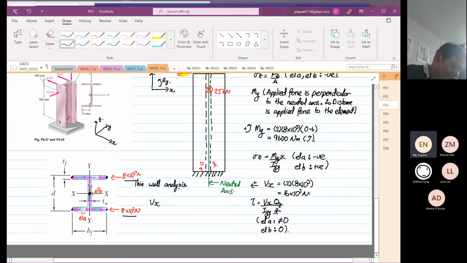So we realized that on element A, the shear stress is not equal to 0, whereas on element B, the shear stress is equal to 0, because both the shear flow we drew in is coming towards the terminal, and it has nowhere to go. So that's why it's a terminal.